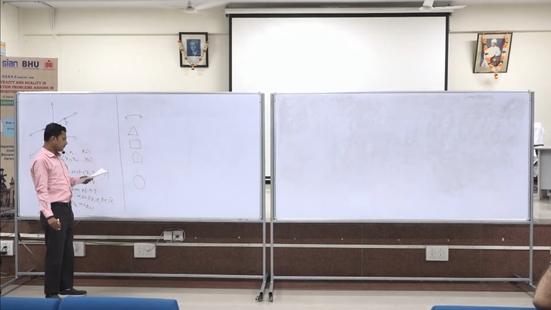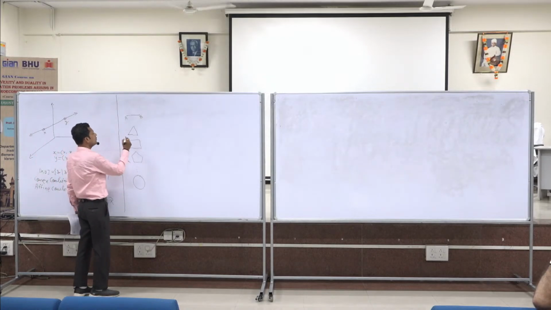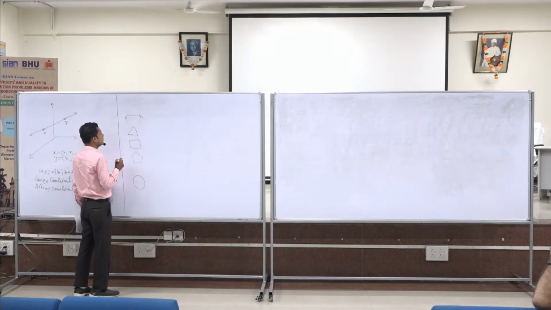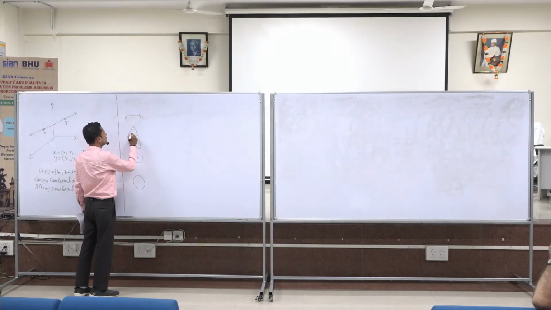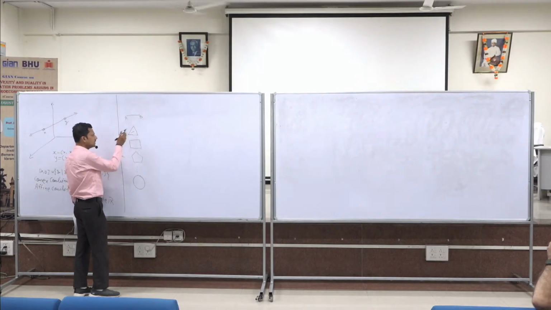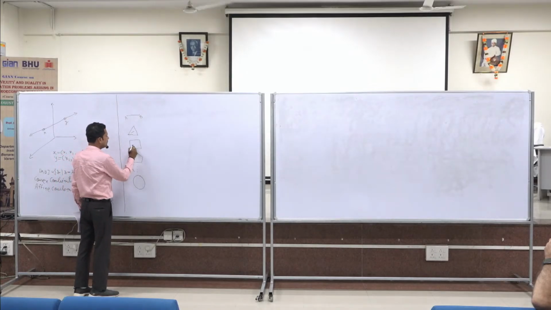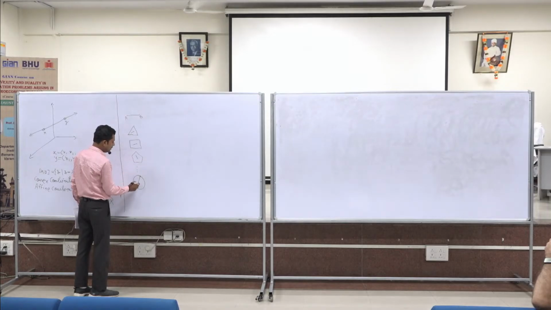So these are a few sets, and if you take any 2 points inside this set and join them, the line segment joining them is inside this set, anywhere in the set.